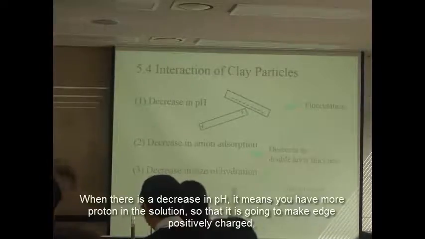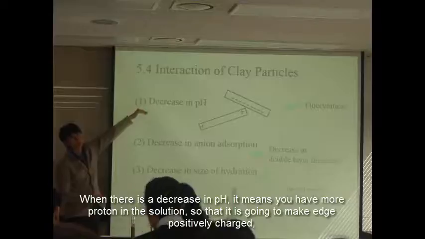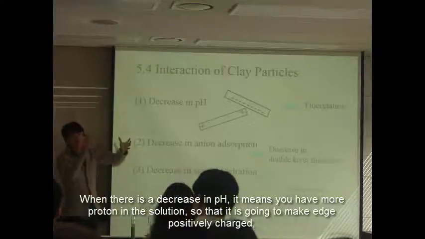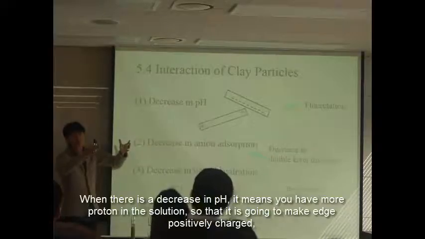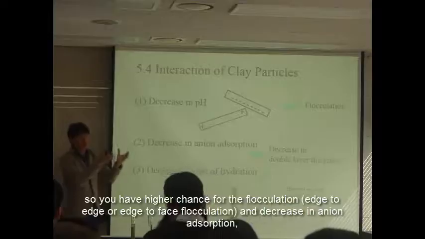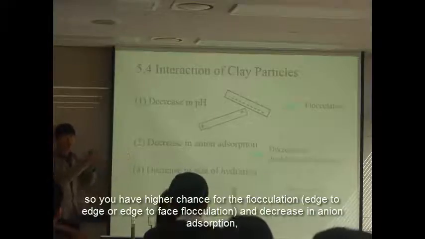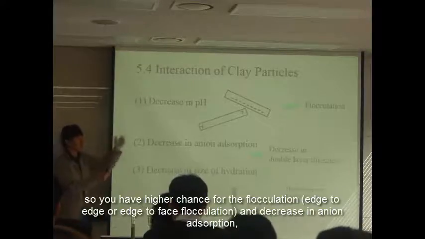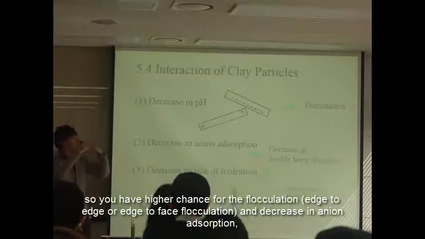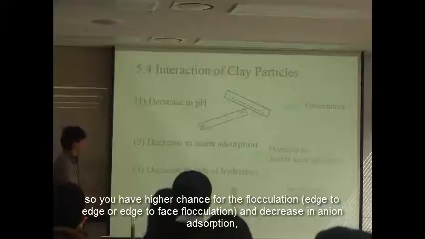So when there's a decrease in pH, what does it mean? You have more protons in the solution, so it's going to make the edge positively charged, so that you have a higher chance to be flocculated. So you may develop edge-to-face or edge-to-edge flocculation.